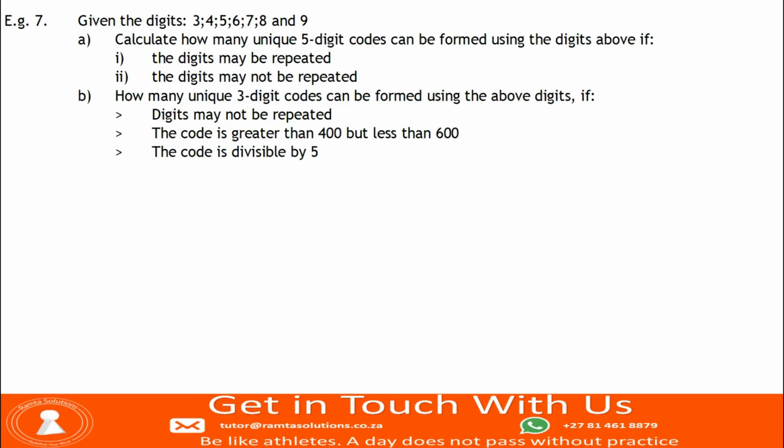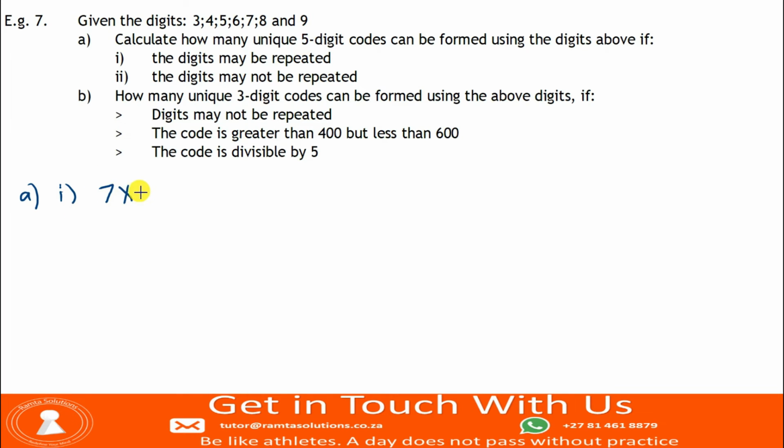Now number 7, given the digits 3, 4, 5, 6, 7, 8, 9. How many are they? 7. Calculate how many unique 5-digit codes can be formed using the digits above if, in Roman figure 1, the digits may be repeated. If the digits may be repeated, you're making a 5-digit code.